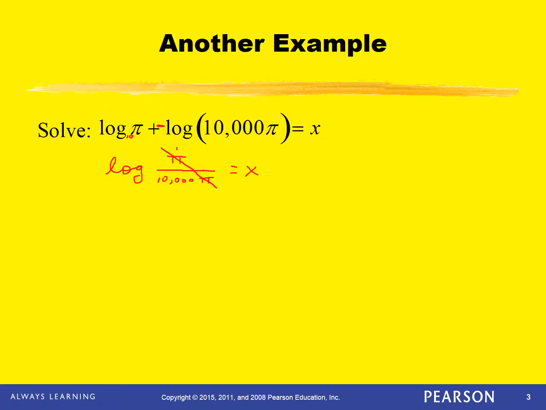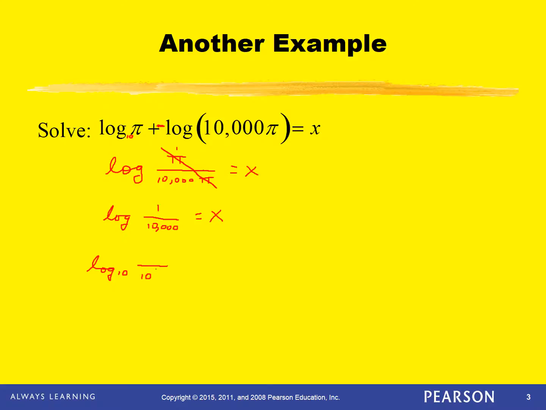So we've got log, which is log base 10, of 1 over 10,000 equals x, because the base is 10 and the argument is a power of 10. Let's just talk about the 10,000. We know that's 10 to the 4th.